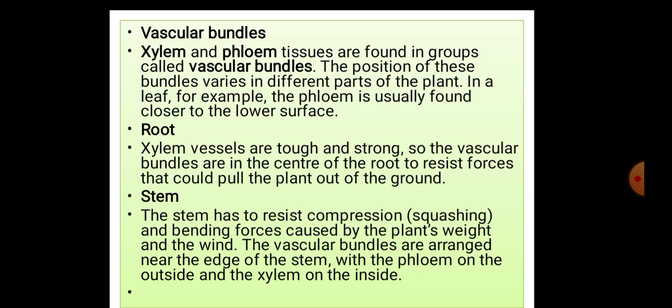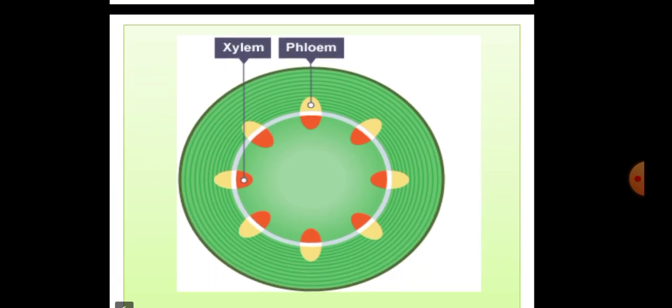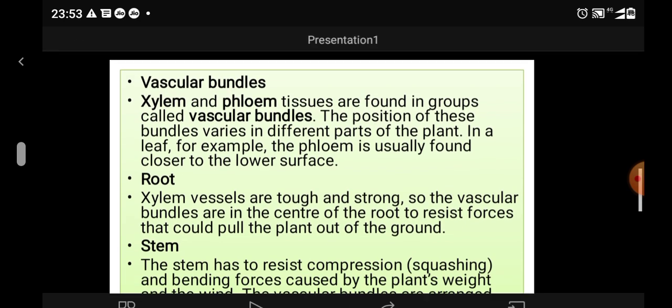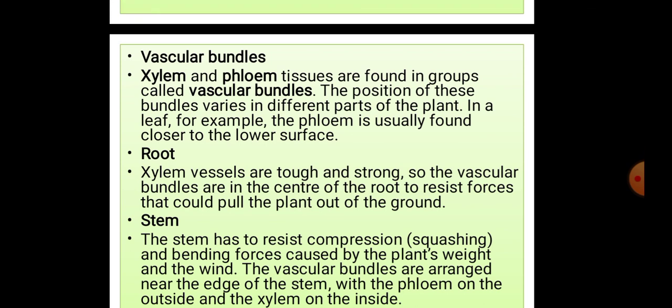Vascular bundles. But what do you mean by these? If you see this picture, you can understand how the xylem and phloem are arranged in a stem radially. Vascular bundles are nothing but xylem and phloem tissues found in groups.